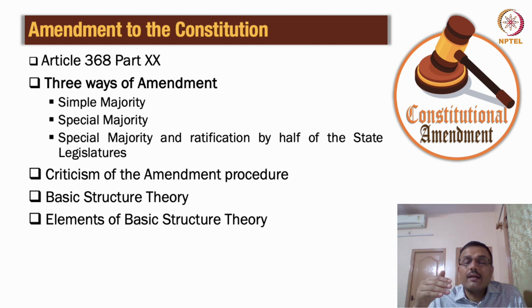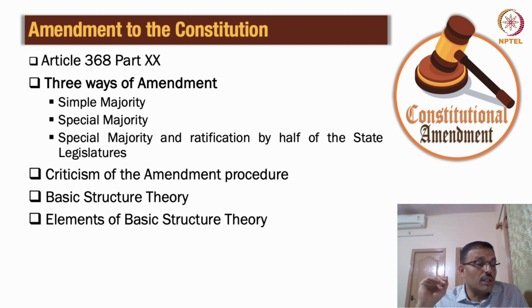Now, if you go back to how constitutionalism grew from the constitution, constitutionalism means the working of the constitution. How has the constitution worked over a period of time, all these years? In one of the first cases that was decided in 1951, this case was called Shankari Prasad.